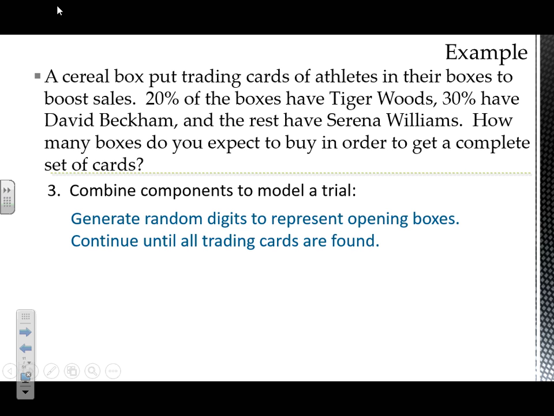All right. So on that particular stretch, we would have had to buy 21 boxes of cereal to get all 3 cards.